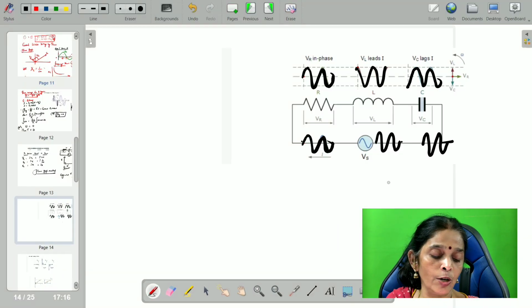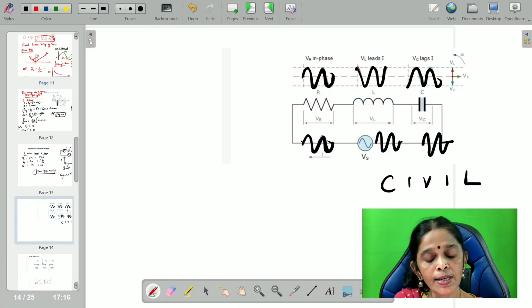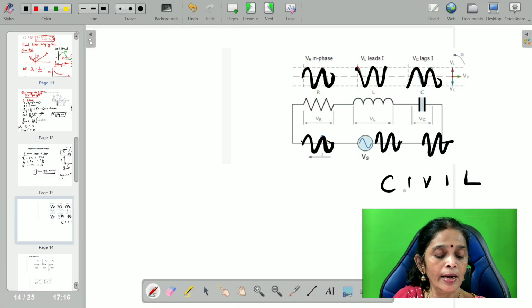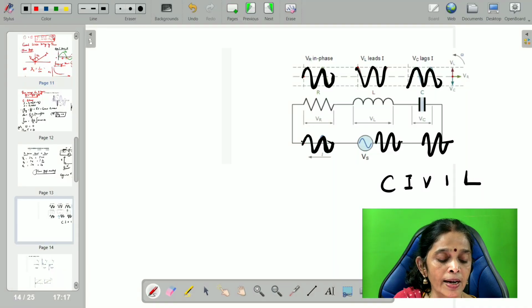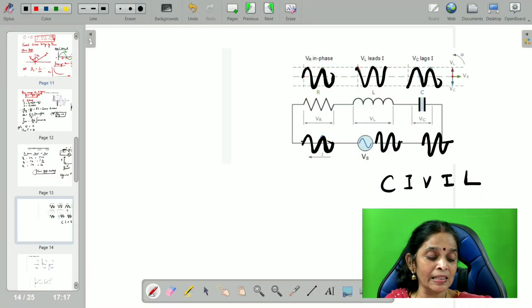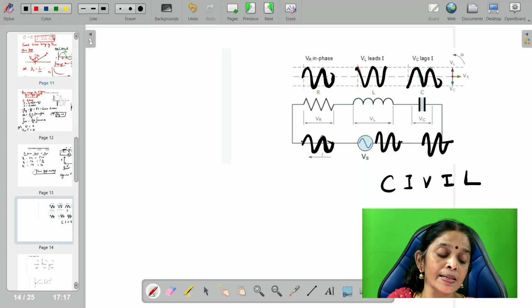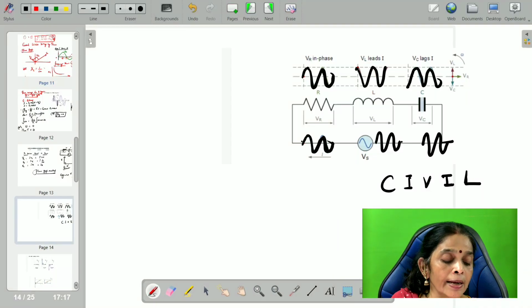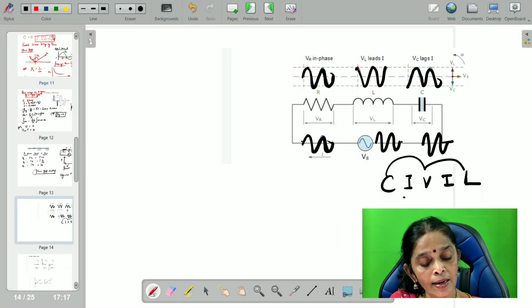So, therefore, you can use this mnemonic CIVIL. In inductor, current lags. Whereas in capacitor, what lags? Voltage lags. In capacitor, voltage is lagging. So, in inductor, current is lagging.